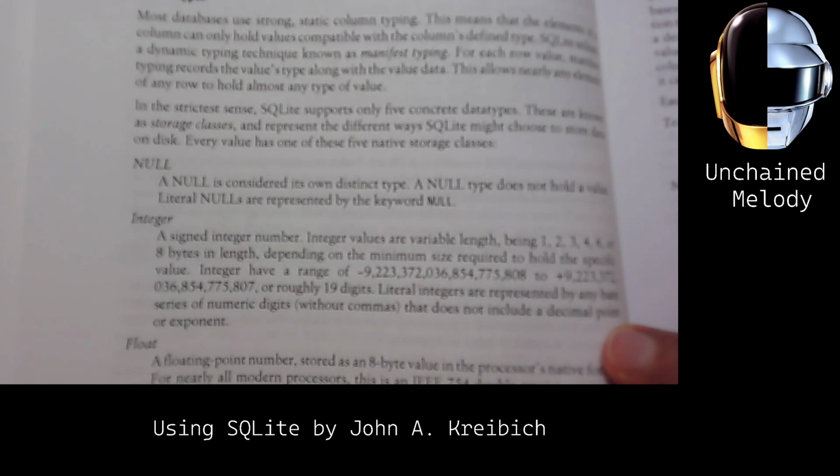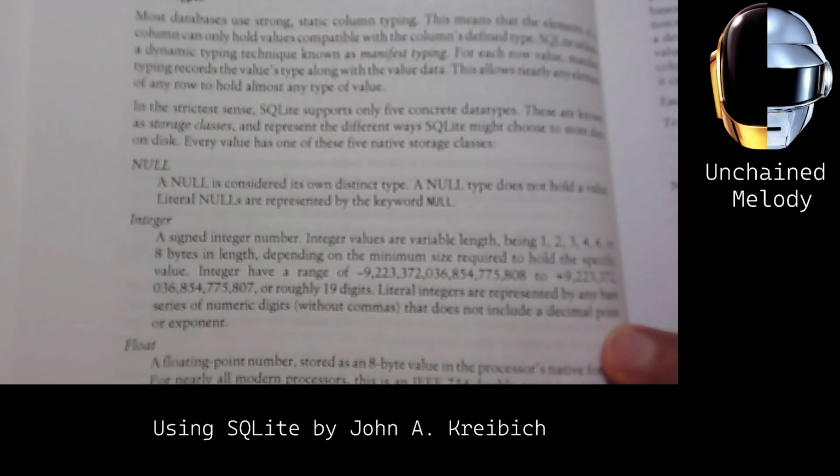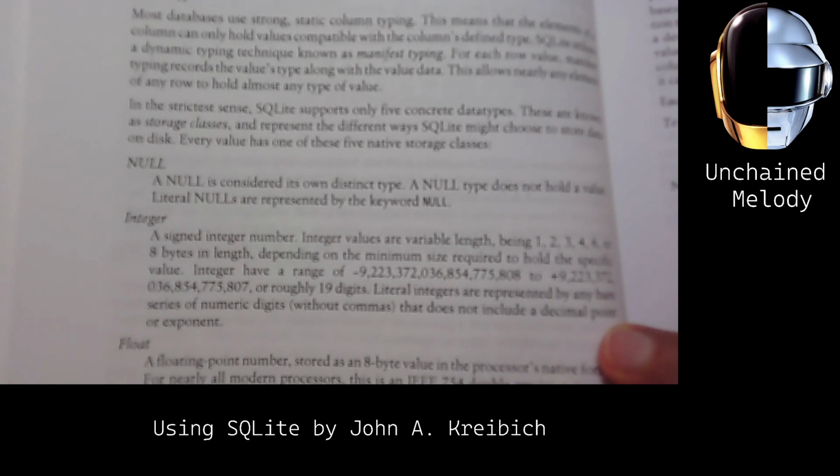Integer. A signed integer number. Integer values are variable length, being 1, 2, 3, 4, 6, or 8 bytes, depending on the minimum size required to hold the specific value.